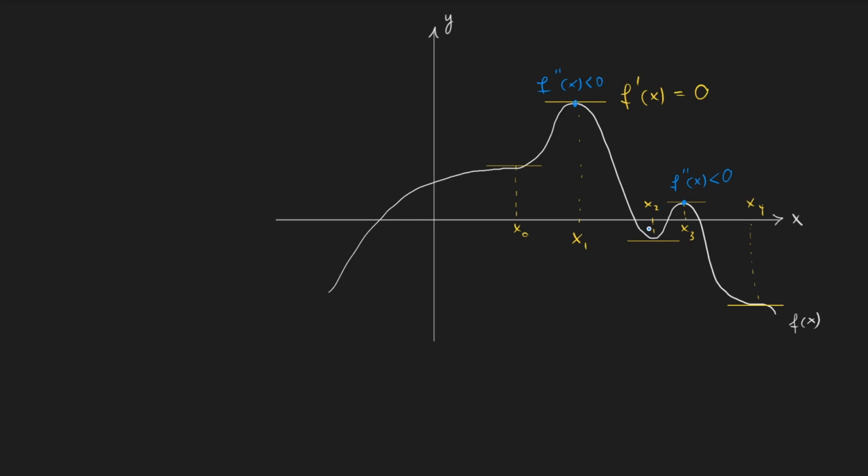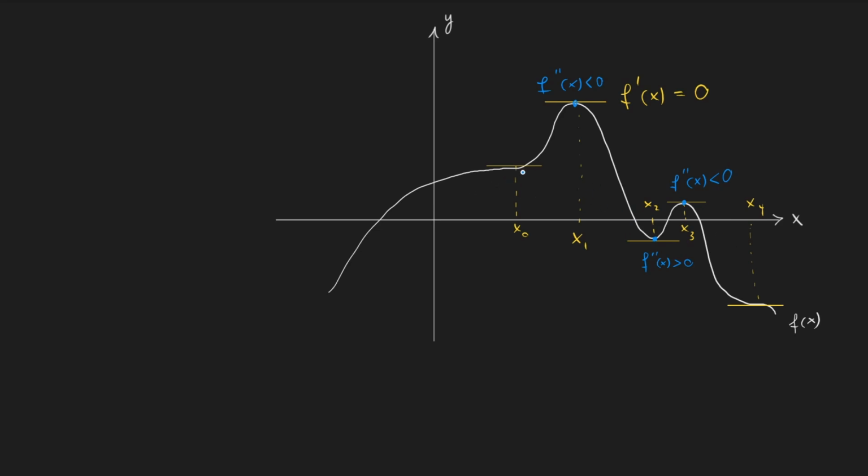What do we have at local minimas? As you can see, the second derivative here is increasing, because here we had some negative value, and then as the function goes on, it reaches zero, and after that it will be positive. So the second derivative must be positive at these points.